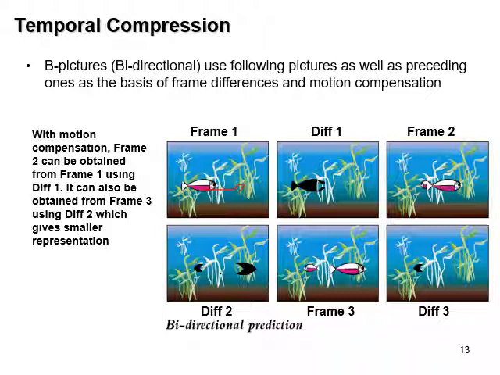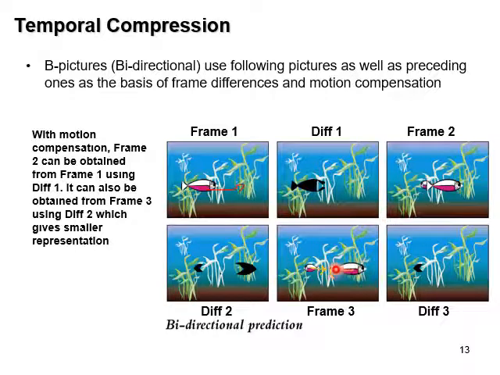So going back a little bit like this. And this would be the new location of the small fish, but in frame 2. How about the big fish? If it moves a little bit to the back, you will get it where it is in frame number 2. So we now have two motion vectors, one for the small fish, one for the big fish.